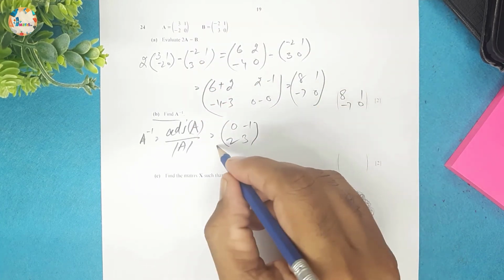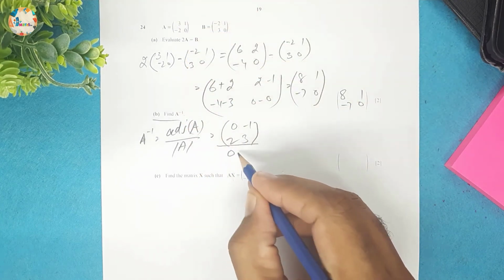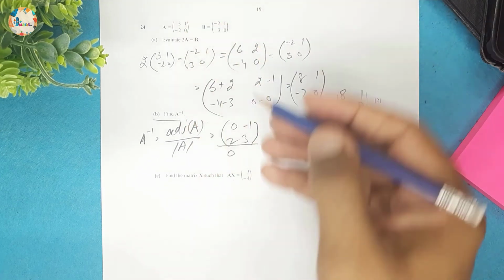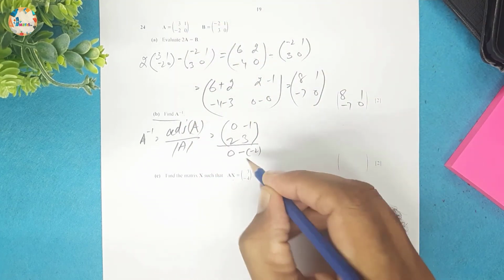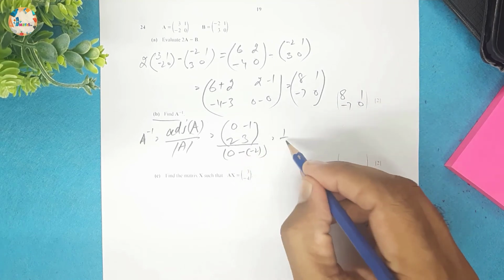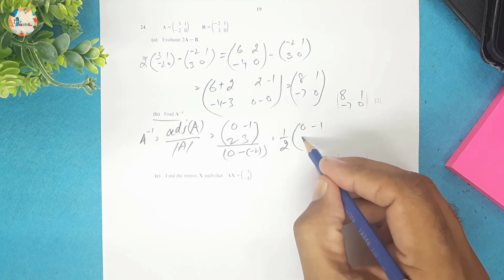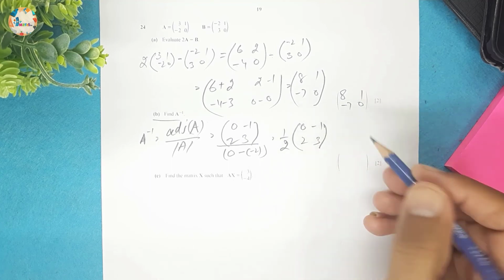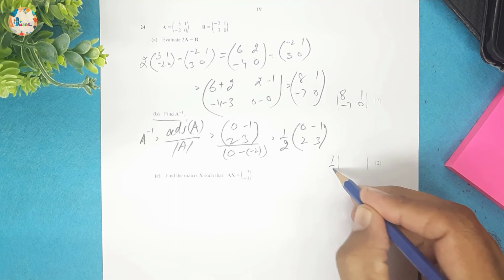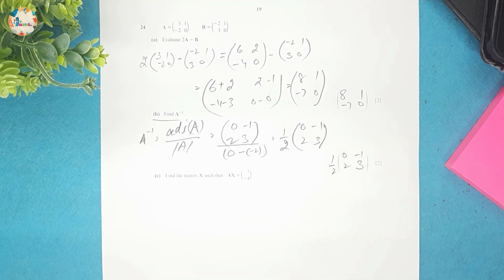So we have changed the location, and the mod will be, this into this will be 0, and minus this into this will be minus into minus 2. So this will be basically mod A, so this will be 2. So 1 over 2 into 0, minus 1 and 2 and 3. This will be our final answer. We can write here 1 by 2, 0, 2, minus 1 and 3.